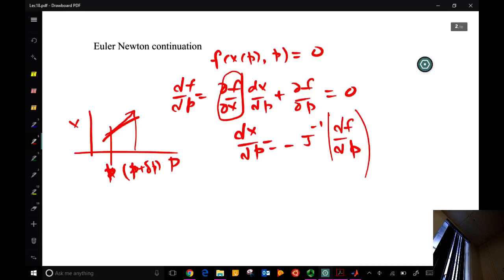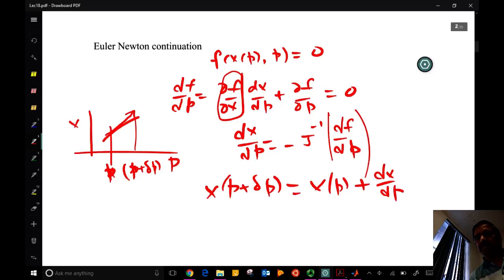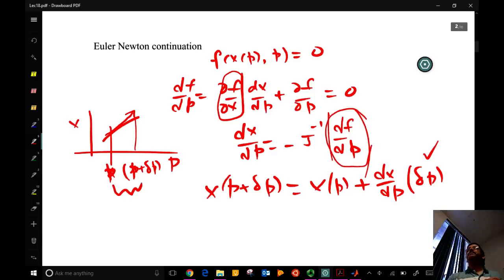Now the problem is, once I have that, I have a good projection. The projection is going to be x at p plus delta p is going to be x at p plus dx dp multiplied by delta p. So I choose what this delta p is. I choose this step. How long do I want to take a step in p? And I need to calculate this df dp.